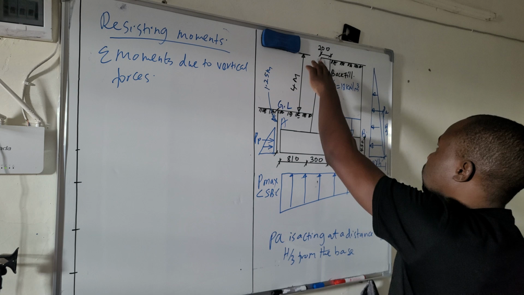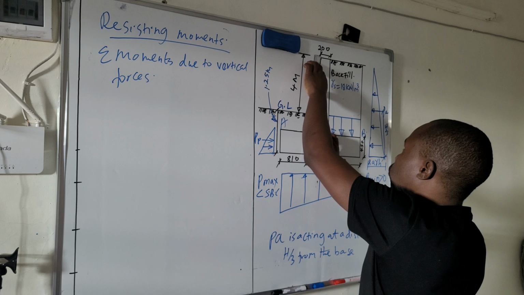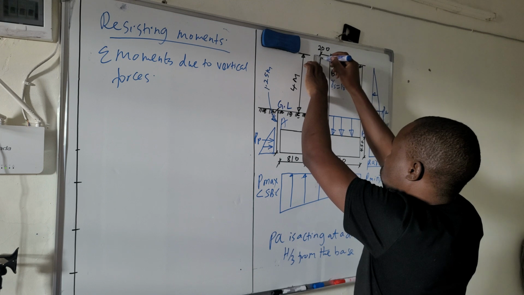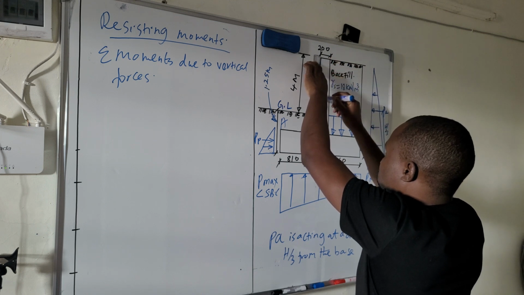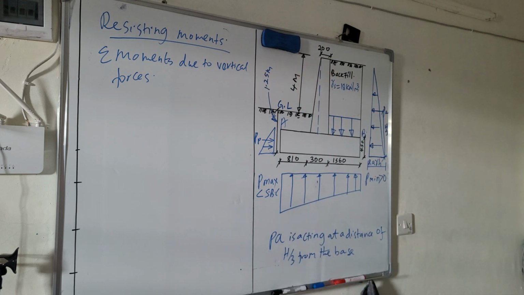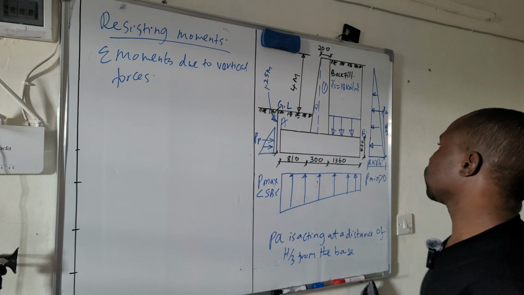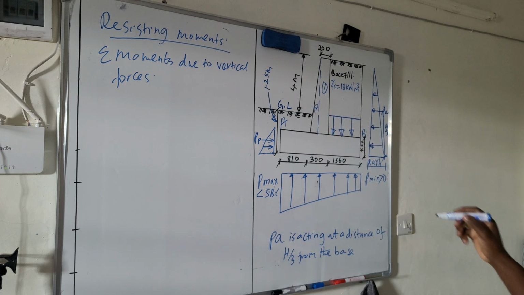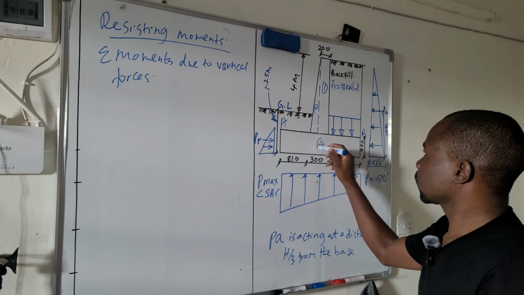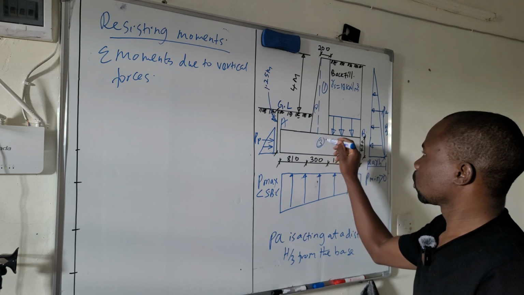So for this trapezium, I can divide it into two, like that, so that I end up having a rectangle, which is number 1, a triangle, number 2, and also a rectangle, number 3, like that.